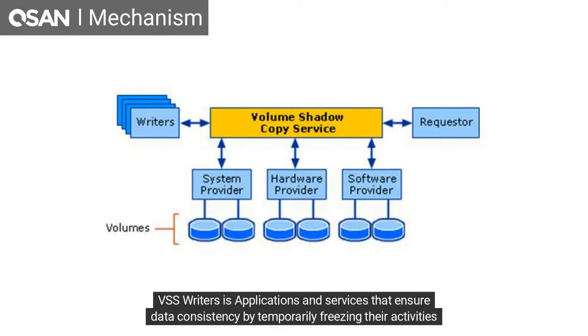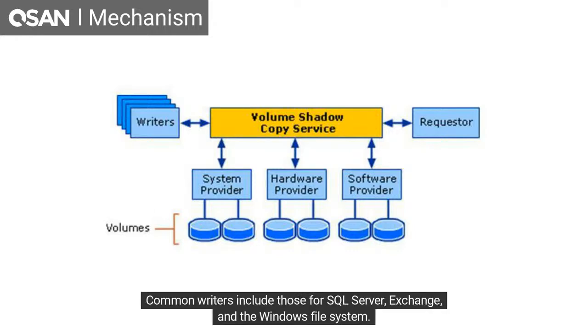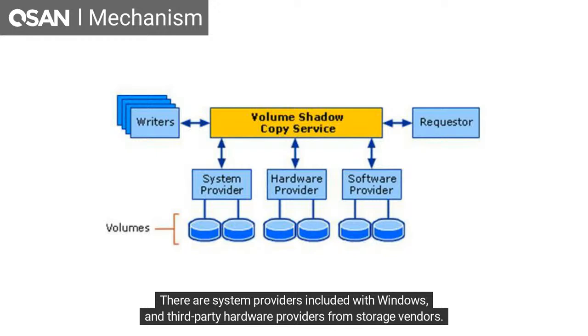VSS writers are applications and services that ensure data consistency by temporarily freezing their activities during the snapshot process. Common writers include those for SQL Server, Exchange, and the Windows file system. VSS providers are components that create and maintain the shadow copies. There are system providers included with Windows and third-party hardware providers from storage vendors.